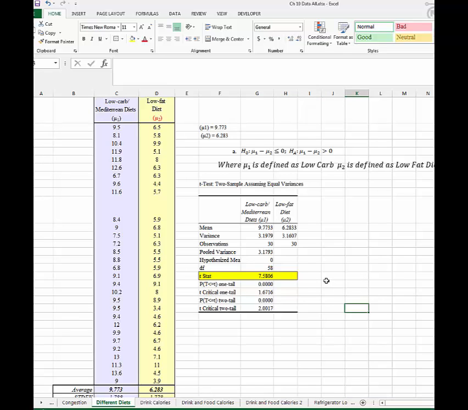Now this is sort of a gross statement, but basically this is like the result of the z-test. We are looking to see how much difference there is between these means.